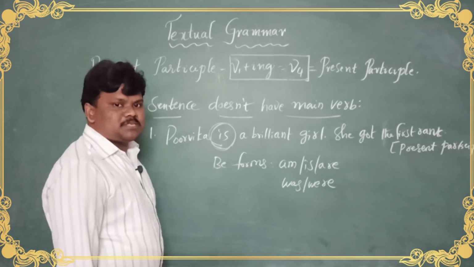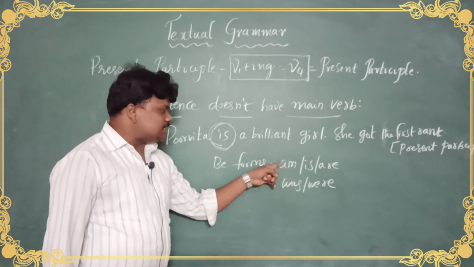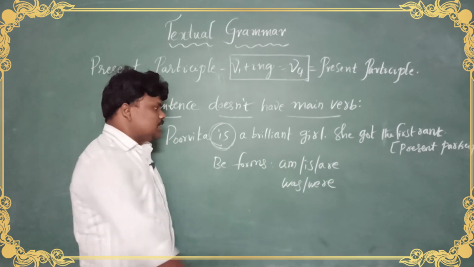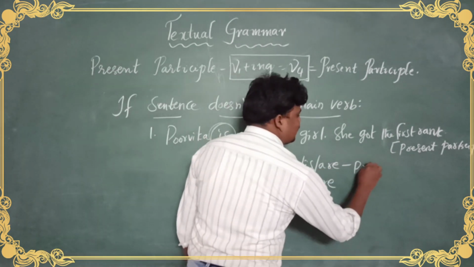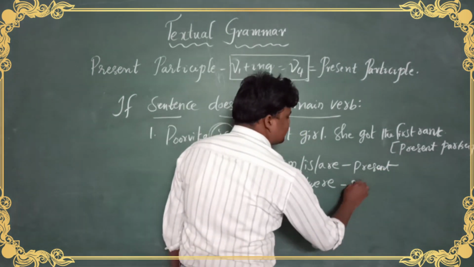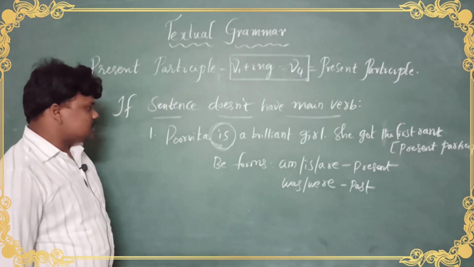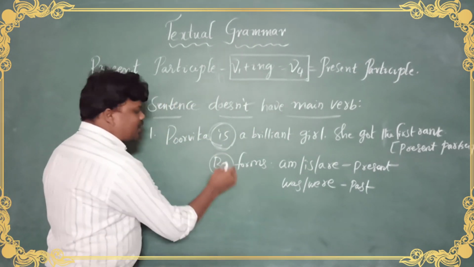There are 5 B forms mainly, divided into two types: present B forms and past B forms. Am, is, are are called present B forms, whereas was, were are called past B forms.